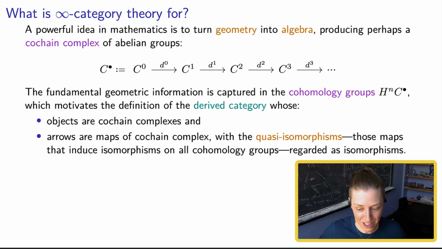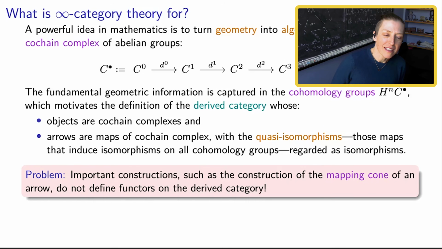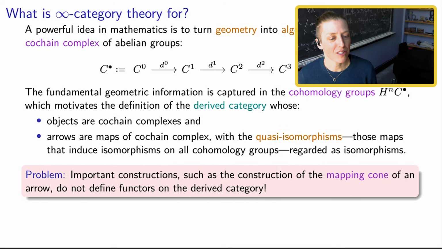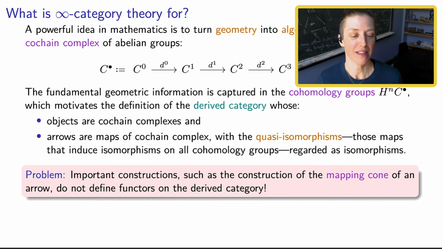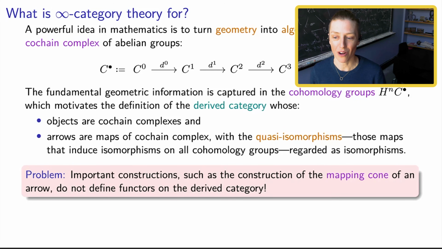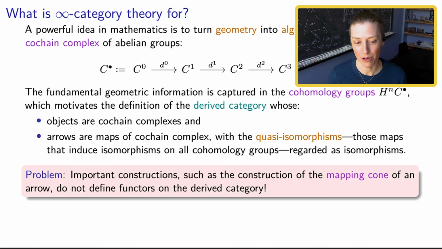So this is a thing that's called the derived category, and I tried to indicate why it's important, but it's not very well behaved as a category. There's important constructions that you might want to do on the derived category. So for instance, taking something called the mapping cone of an arrow. You start with one of these maps between chain complexes, and then you form something called the mapping cone. That's going to be a chain complex itself.